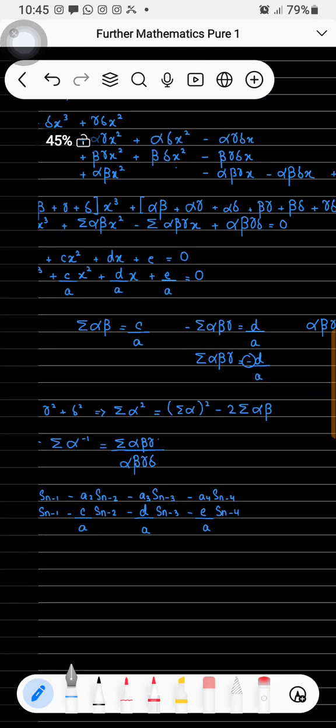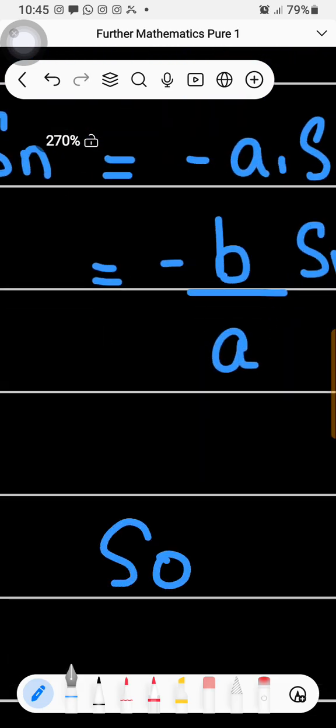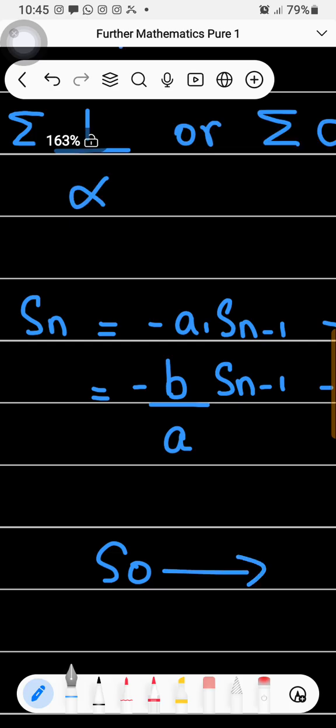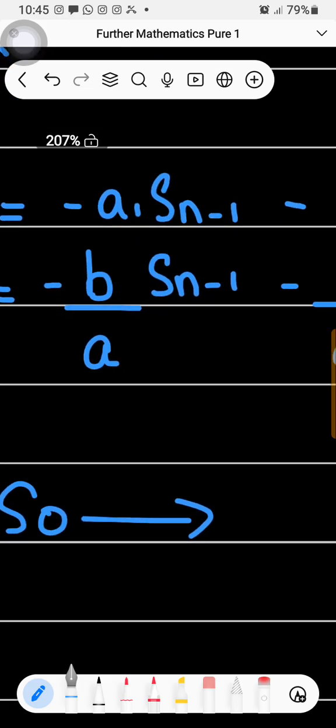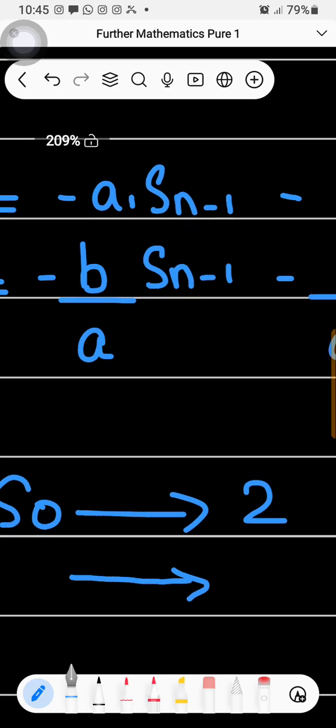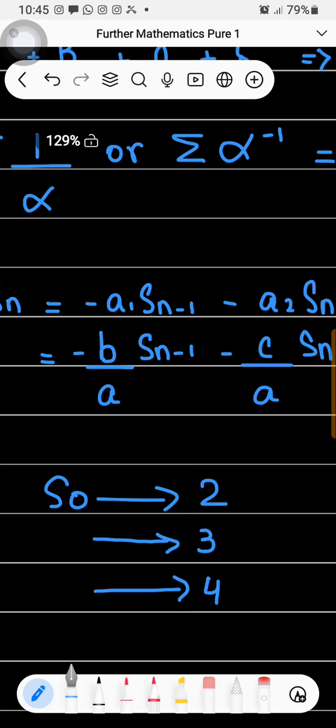And I told you one more thing, that S0 will be the maximum power of x in the equation. For example, if the equation is quadratic, S0 will be 2. If the equation is cubic, S0 will be 3. If the equation is quartic, S0 will be 4. This is simple.